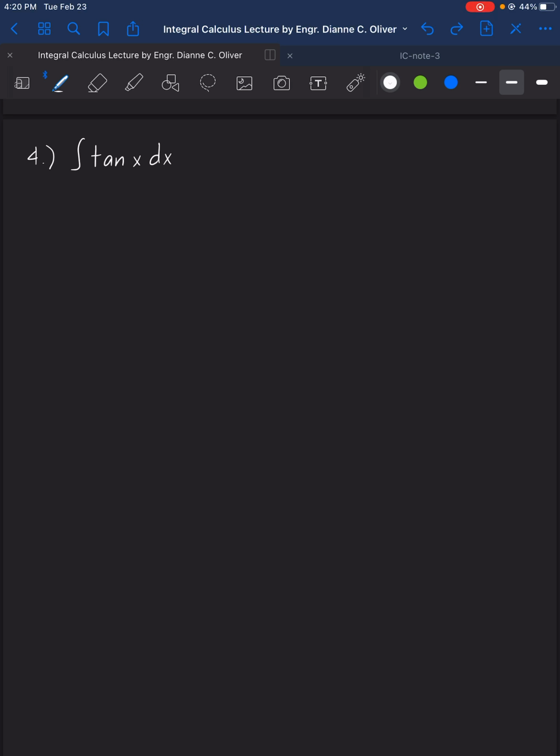Do we have an integral for tangent x in the previous video for the trigonometric? None. There's no integral for tangent x dx from the trigonometric formulas. Therefore, we need to do something here in order to be able to integrate tangent x dx.